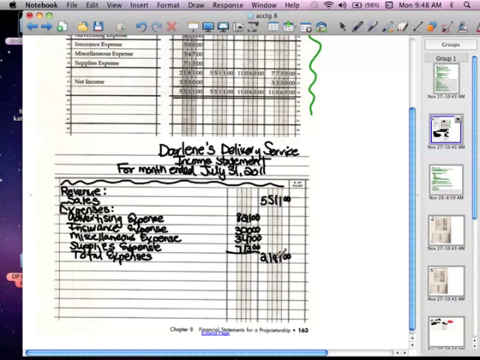Remember, if revenue is bigger than expenses, then we have a net income. So right here, this is larger. The money we earned is larger than the money we spent. So now another calculation is going to take place. You're going to take 5,511 and subtract 2,181 from it here, so you're going to rule one more time under 2,181.